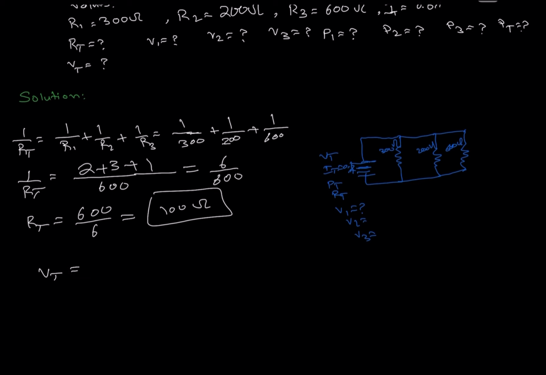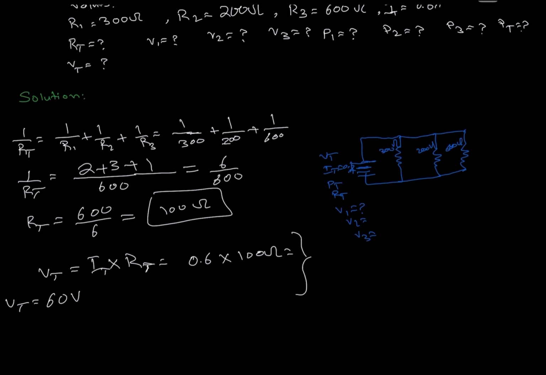We can use Ohm's formula, I times R, or IT times RT. IT is given as 0.6 amp, times RT we just found, 100 ohm. 100 times 0.6 gives me 60 volt. So VT is 60 volt.